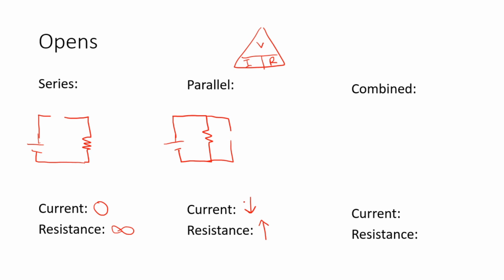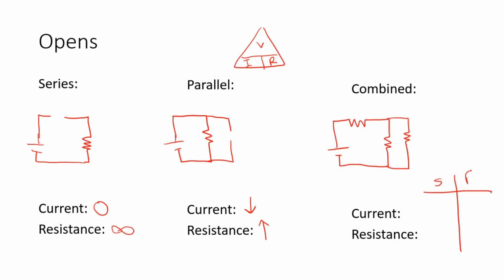Okay, there we go. Now, let's say we have a combined circuit. So we kind of have to have 2 situations here, the series and the parallel. If I open across the series part of the circuit, what happens? It's the same as the other thing.